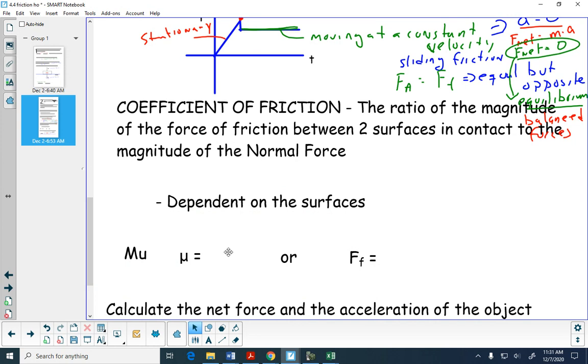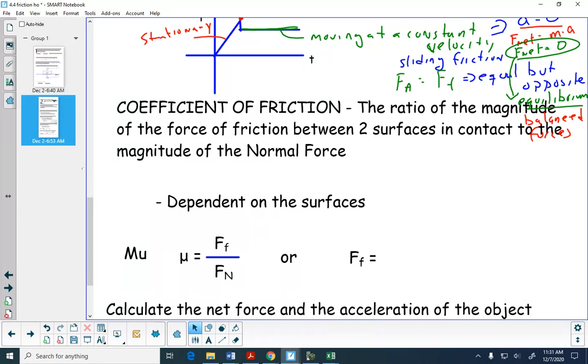The symbol we use for the coefficient of friction is mu. It's defined as the force of friction divided by the normal force. It's the same mu we use in statistics, a U with a tail.